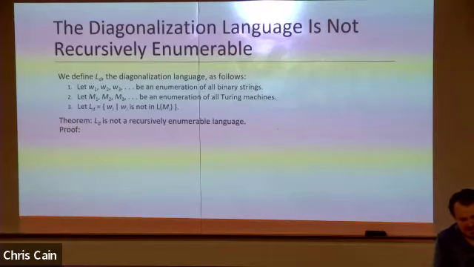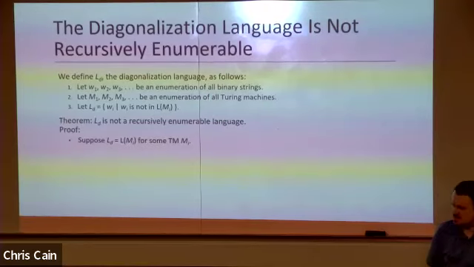So we're now trying to figure out, is the diagonalization language not recursively enumerable? How do we do this? Suppose it is. Suppose the diagonalization language is a language accepted by one of these machines, because we know that if this is all possible Turing machines, then eventually we would generate a machine that accepts L sub D. So L sub D is going to be the language accepted by one of these Turing machines.